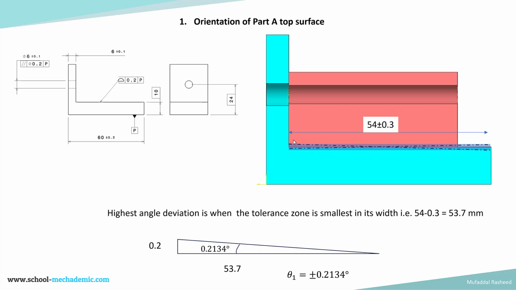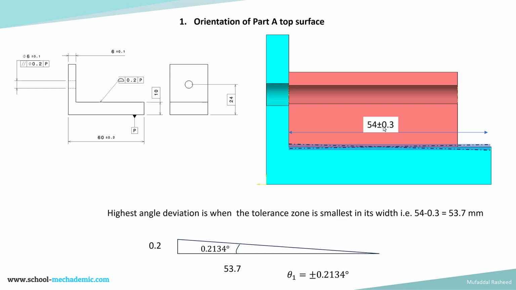So the tolerance zone is defined based on the distance from this point to this point, which can be calculated using basic tolerance stackup of 6 and 60, which is 60 minus 6 is 54, and plus or minus 0.1 and plus or minus 0.2 gets added, so plus or minus 0.3. So 54 plus or minus 0.3 is the specification for the distance from this point to this point.